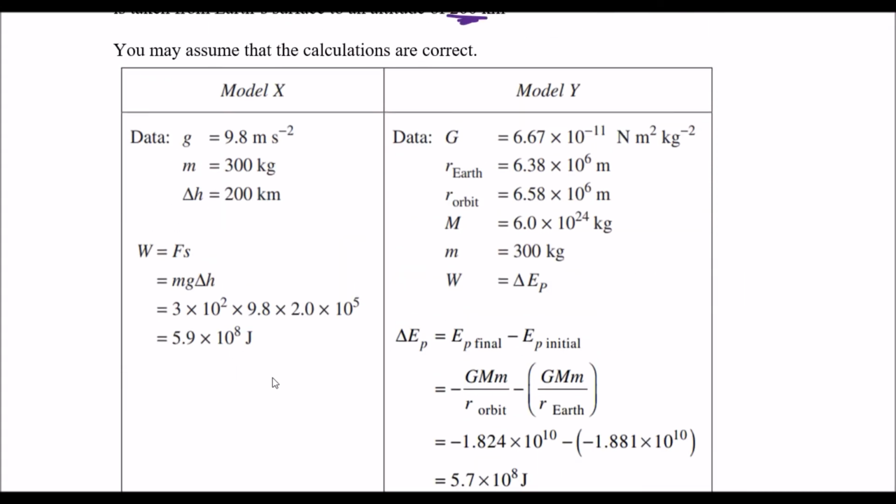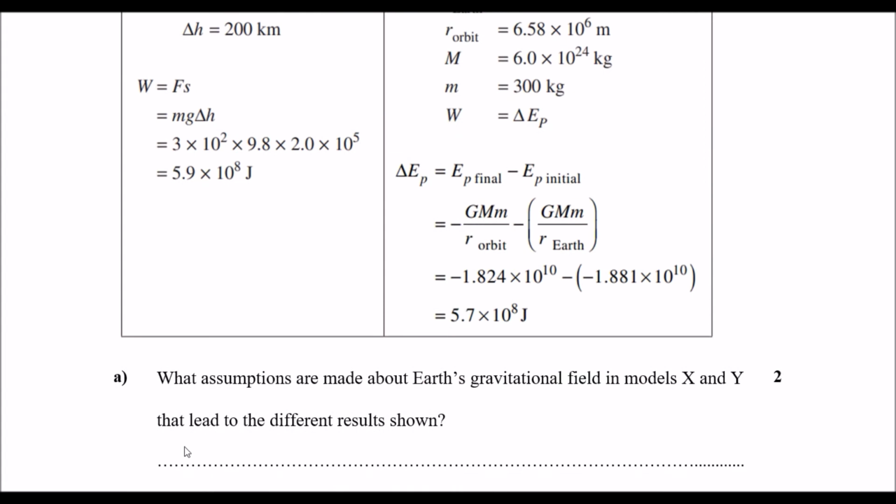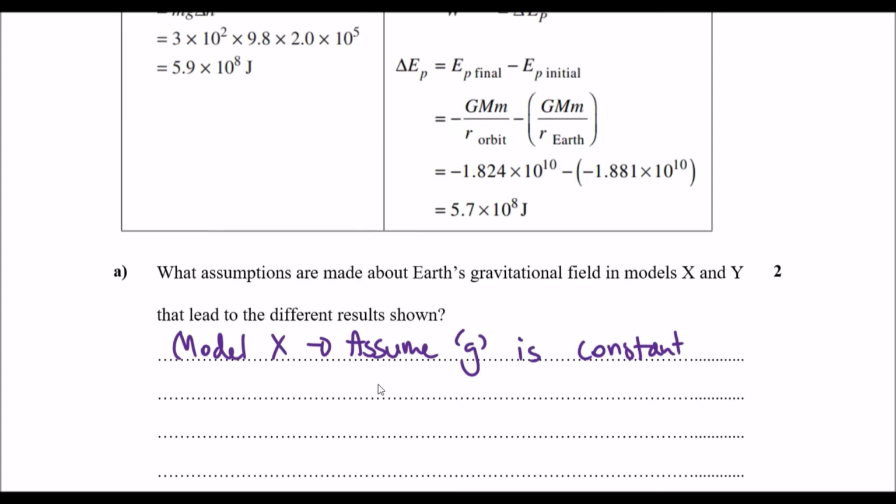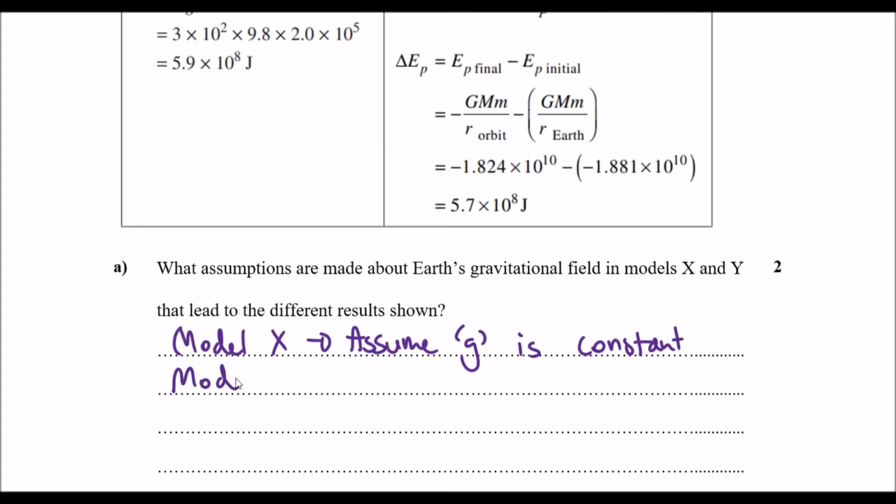Well, for model X, model X assumes that the gravitational acceleration is constant, while model Y assumes that G varies or changes with the area of separation.